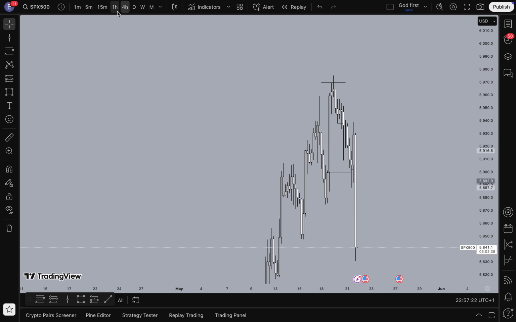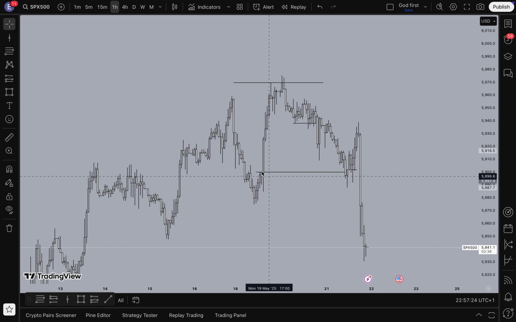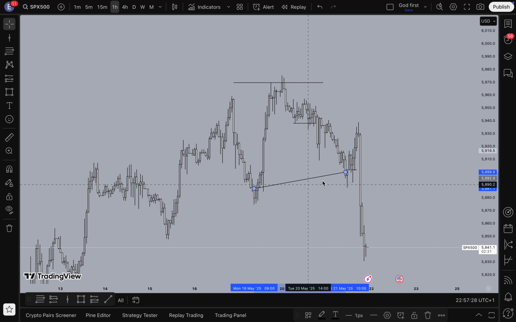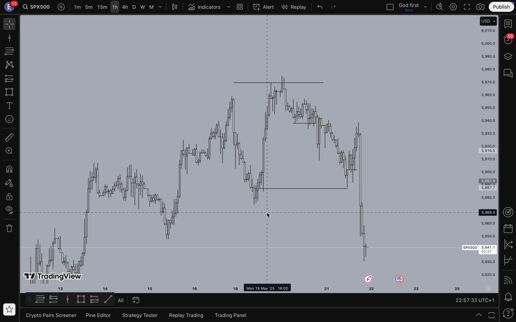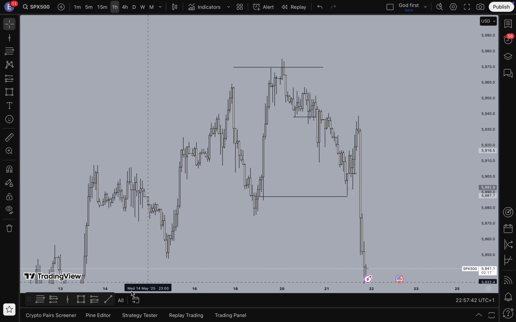If we go onto the 1 hour now, we can see that it is indeed holding, and it's also respecting this 1 hour bullish order block and the fair value gap. Also, I see that the 1 hour lows get swept as well. So I'm already seeing so many confluences for a bullish push.